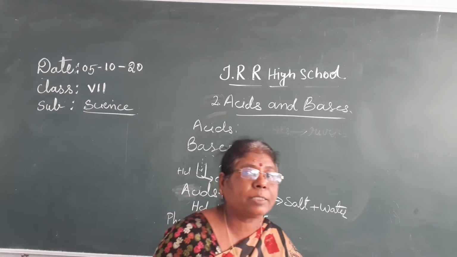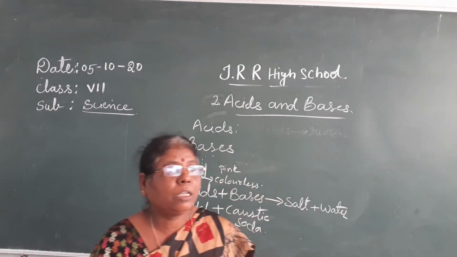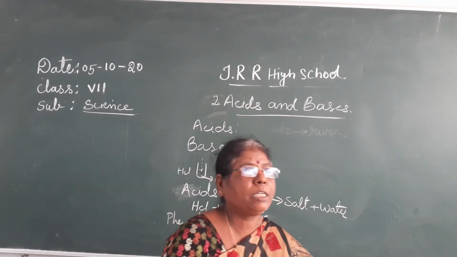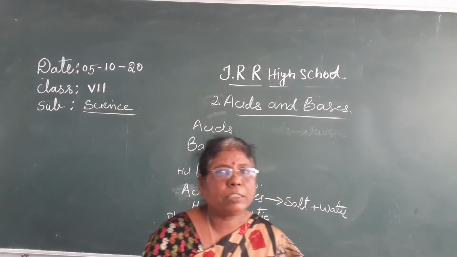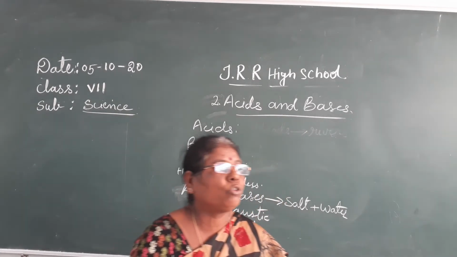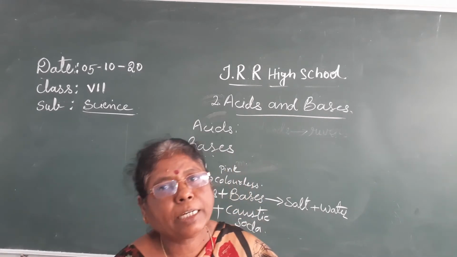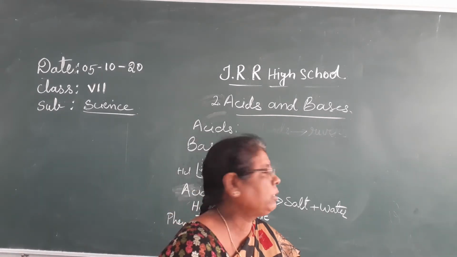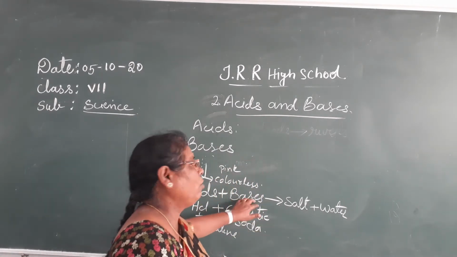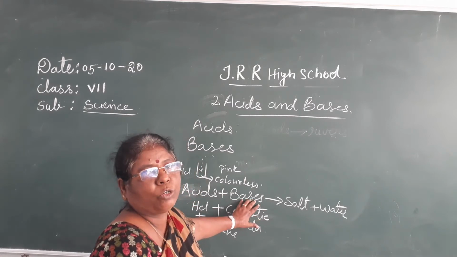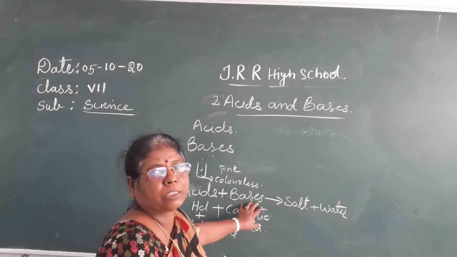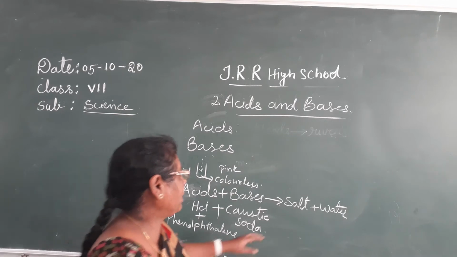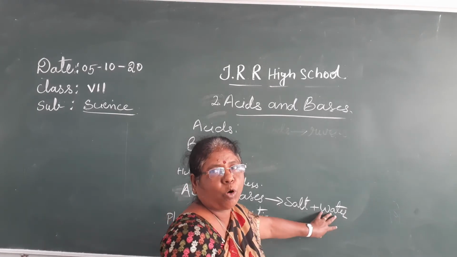So what do you understand by this? The acid loses its quality of acidic nature, and the base also loses its quality of basic nature, isn't it? Both acids and bases lose their acidic and basic properties. And what substance are you getting here? Salt and water.